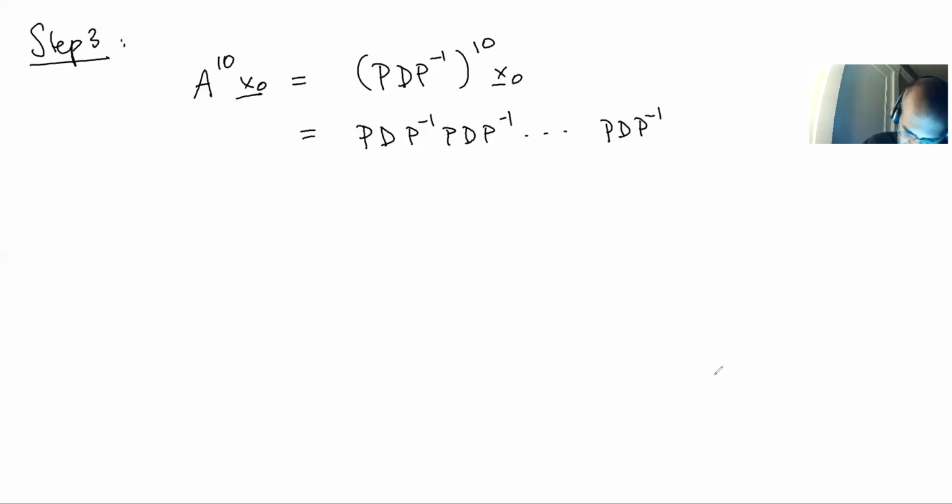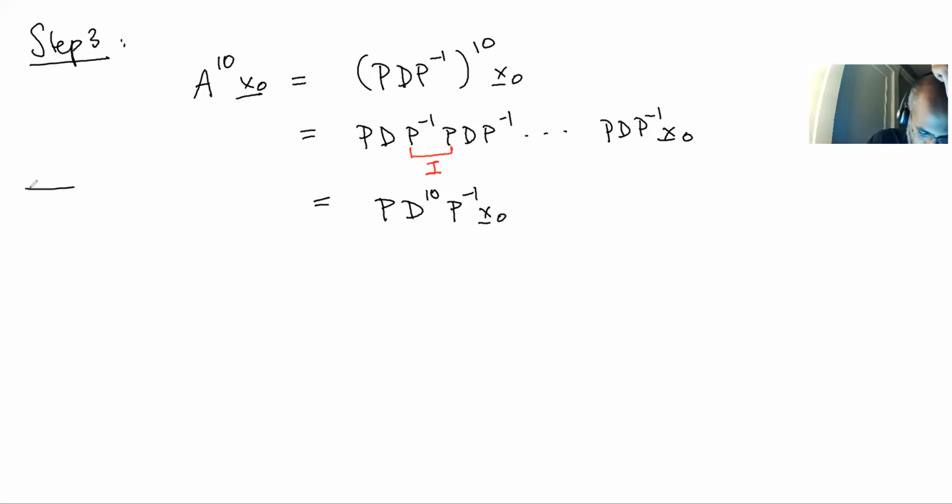But now these P inverse P's are just identity, right? So they all cancel and you get P D to the 10 P inverse x naught. And that's something you can compute, right?